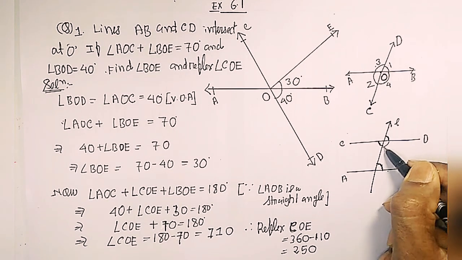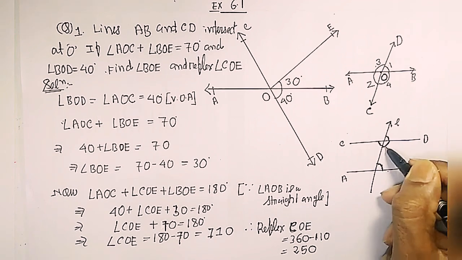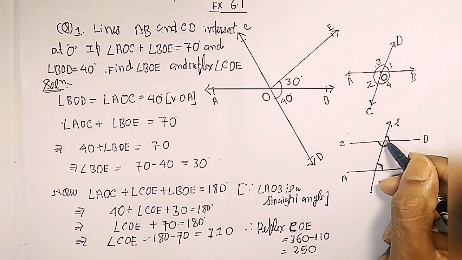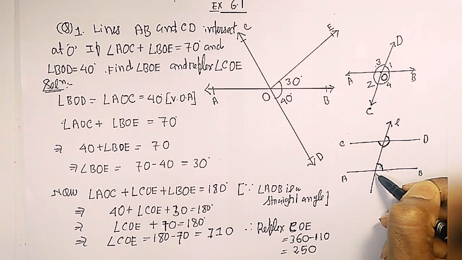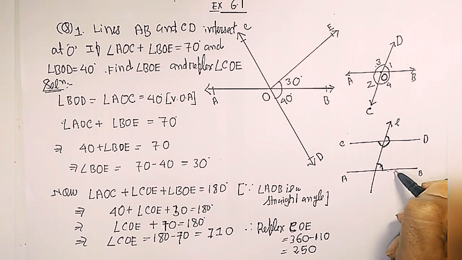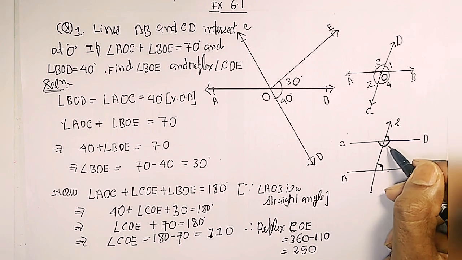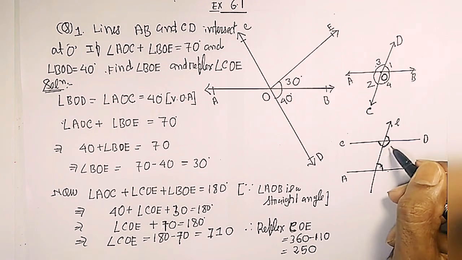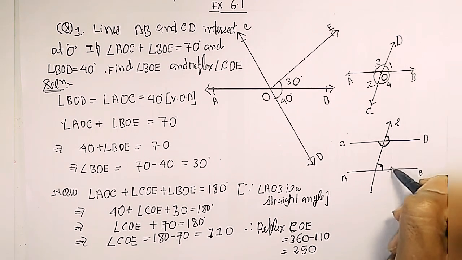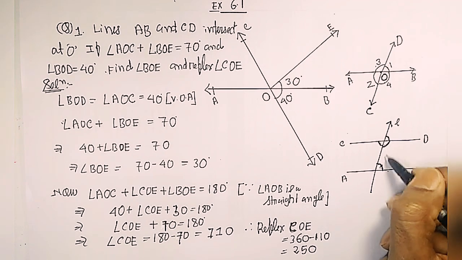Again, this is an angle, and this is the other one. These two angles are lying on the same side of the transversal, and both are lying inside the parallel lines, between the parallel lines. These angles are supplementary.